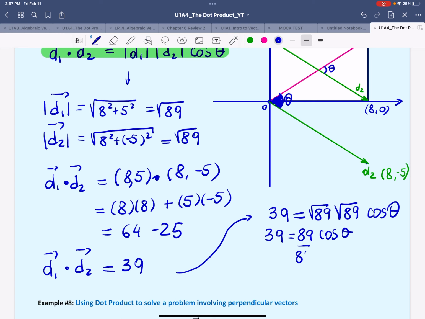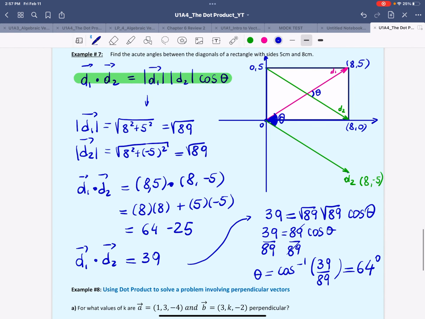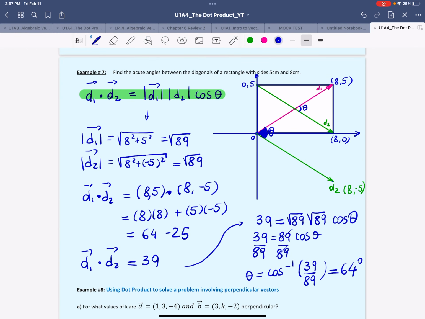Divide both sides by 89 to isolate cos theta, and we get theta equal to inverse cos 39 over 89, which will give the angle 64 degrees. And voila, it's an acute angle made between the two diagonals.